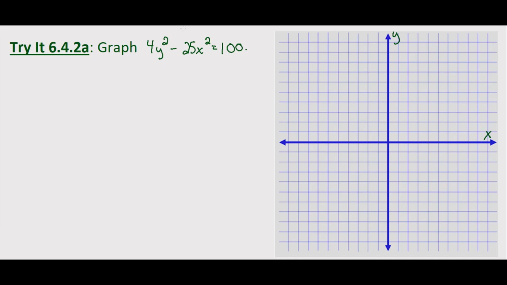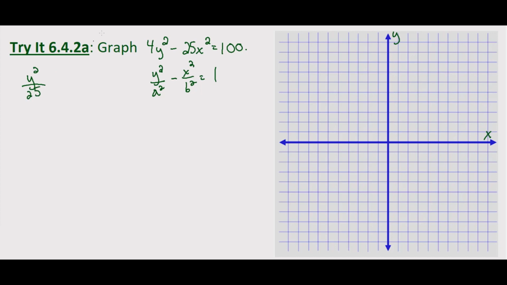Now, how do we graph a hyperbola when we're given this form? Well, ultimately, we want to end up with the form y squared over a squared minus x squared over b squared equals 1. How do we do that? We just divide everything by 100. Divide both sides by 100, and we get y squared over 100 divided by 4 is 25.